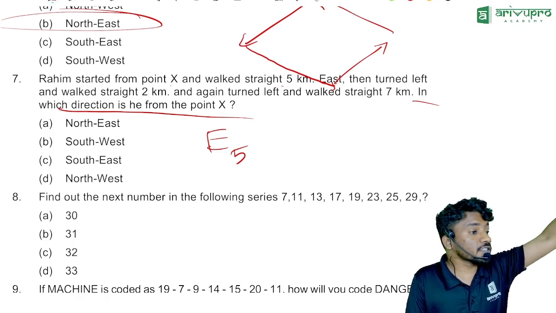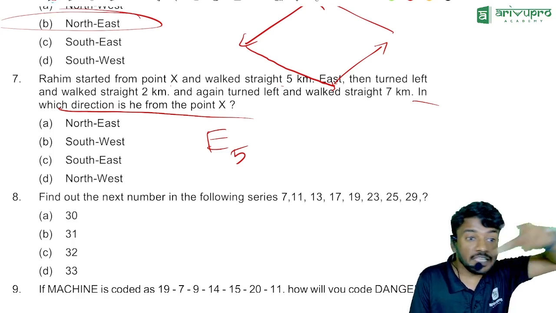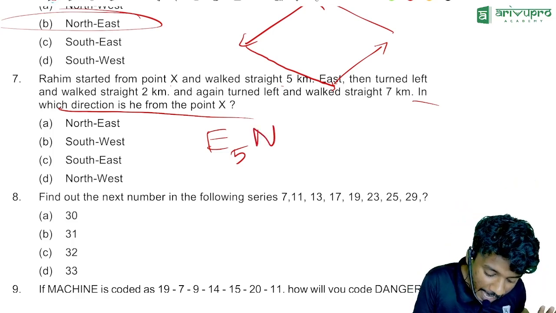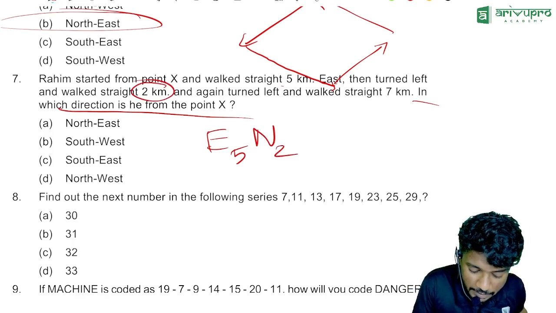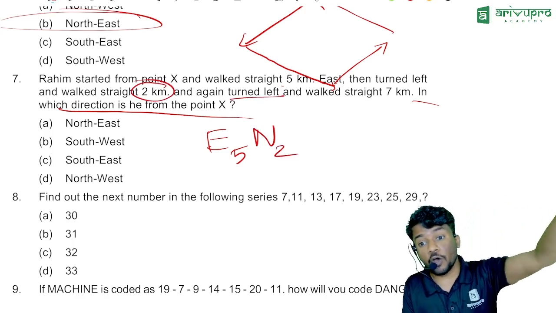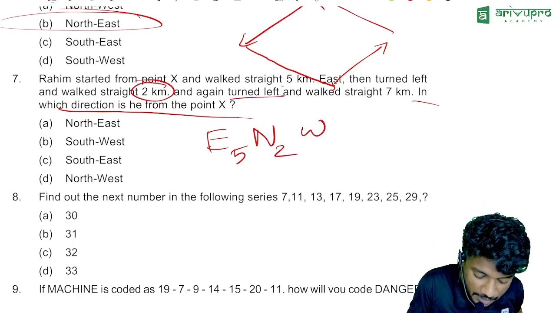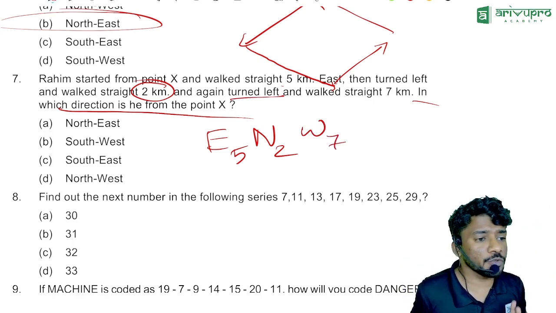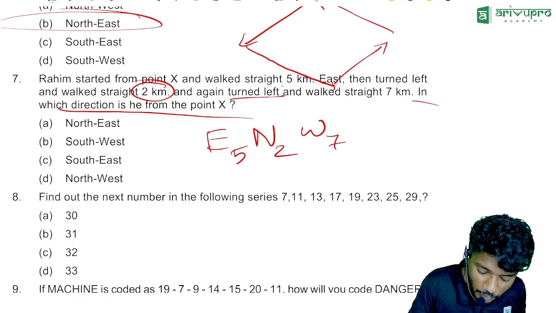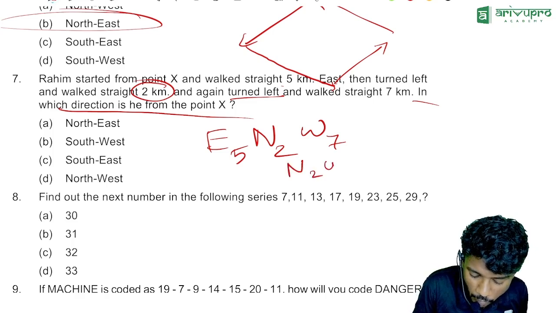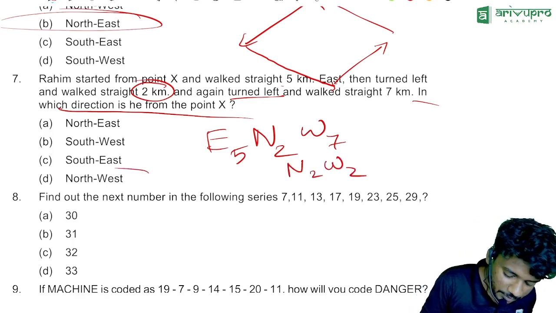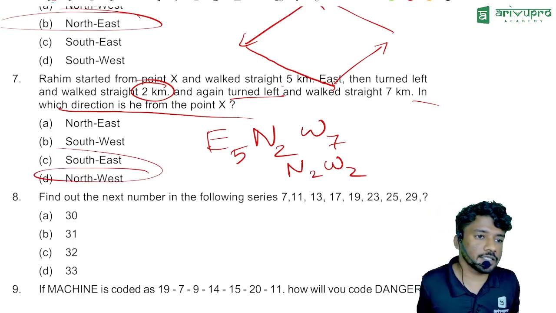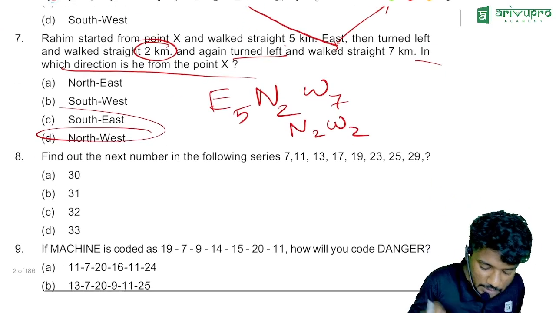Left of east is what? North. And walked how much? 2 kilometers. Again turn left. Left of north is what? West. How many kilometers? 7 kilometers. So, who are opposite to each other? East and west. So, what will remain? North to west. What is our answer? Northwest. Yes.